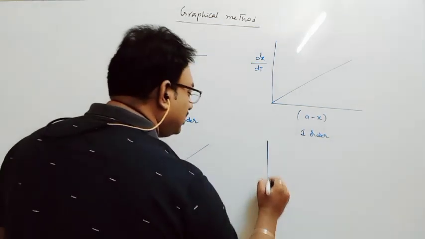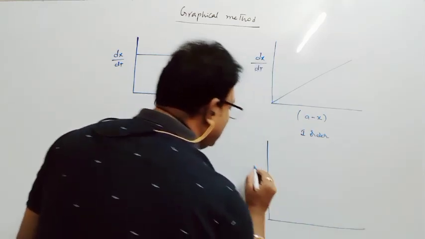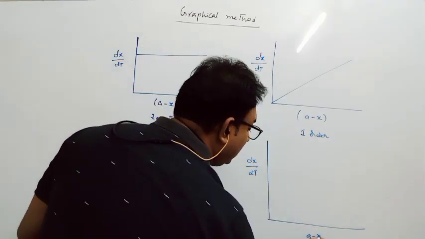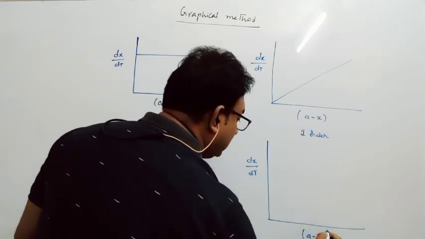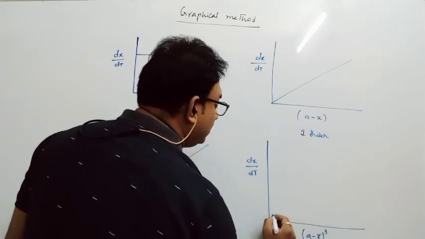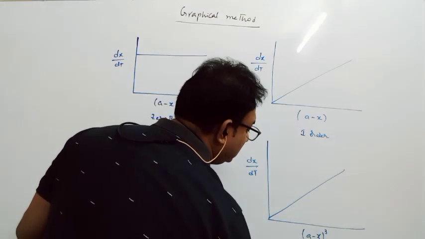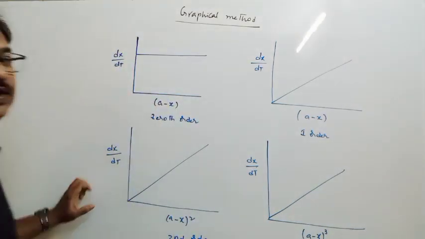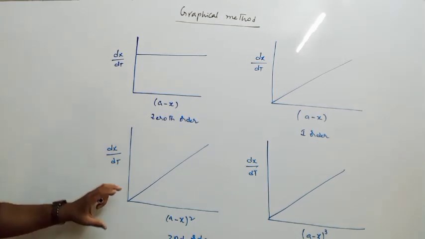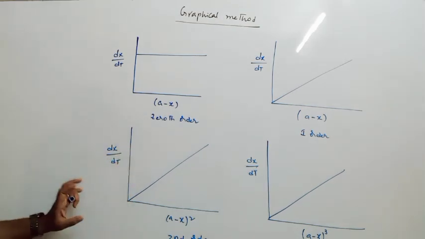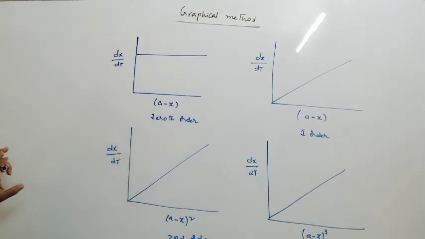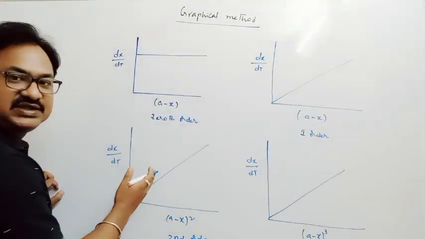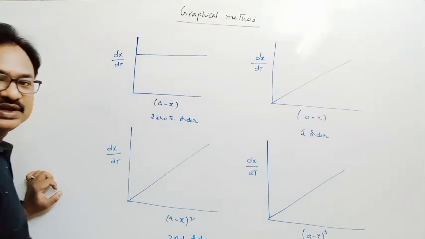Next, dx by dt versus a minus x whole cube. This is the third order reaction. So like that, rate versus concentration at that instant of time indicates a different order: zeroth order, first order, second order and third order reaction.